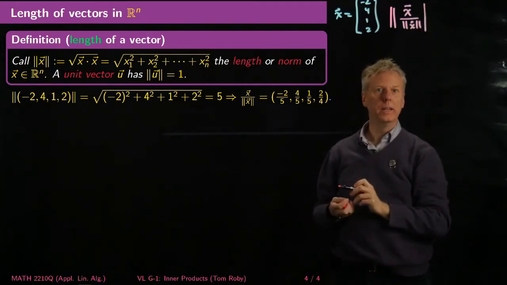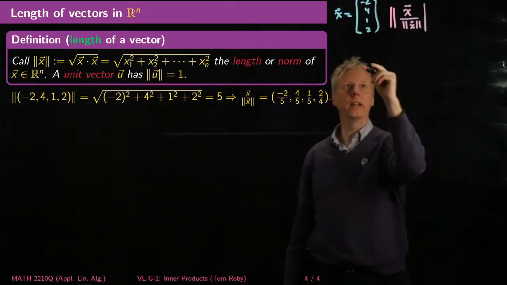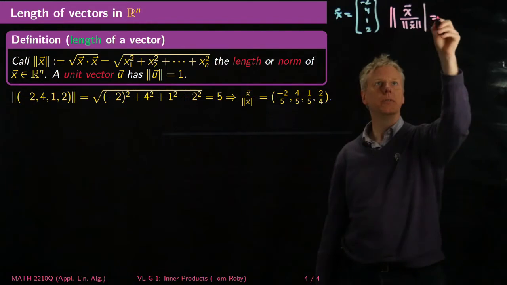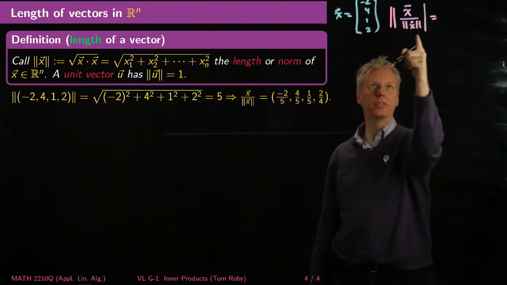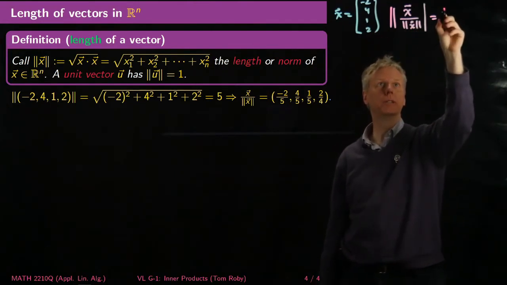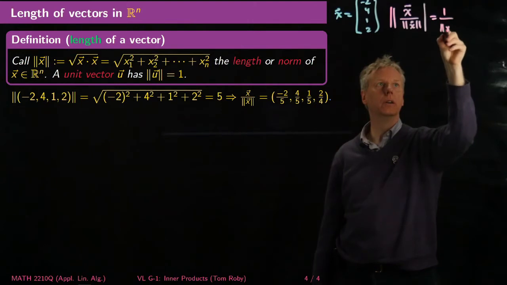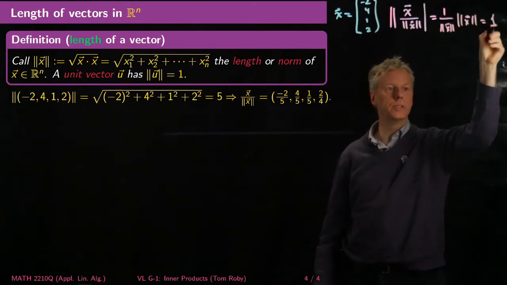First let me do this computation. I claim that I can pull any factor, call it c, out of the norm. So this is 1 over the norm of x times the norm of x, and that's just equal to 1.